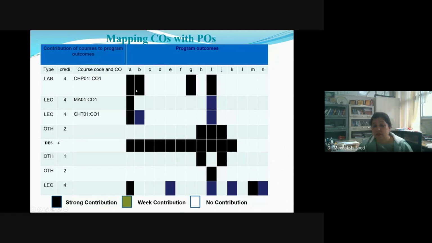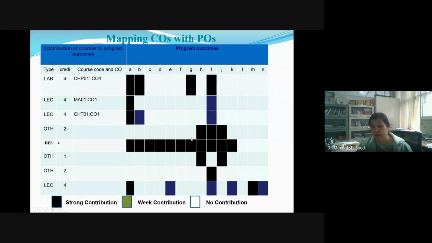Earlier the mapping was by color. Black color showed the strong contribution, that is PO1 is strongly correlated with CO1. Similarly, the purple one is the light contribution, and the white one is no contribution.